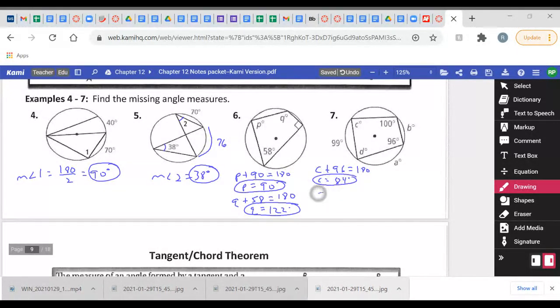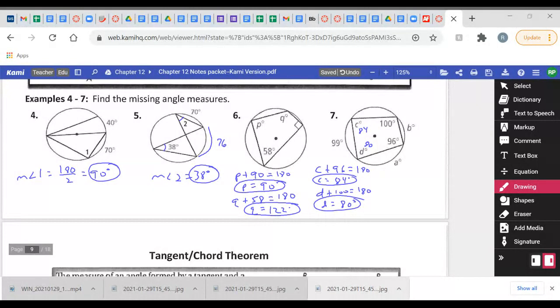Okay, I also know that D plus 100 is equal to 180. So D is equal to 80. Sometimes it helps you to put them in the picture once you find them. Okay, and so now I can find some of these missing pieces.